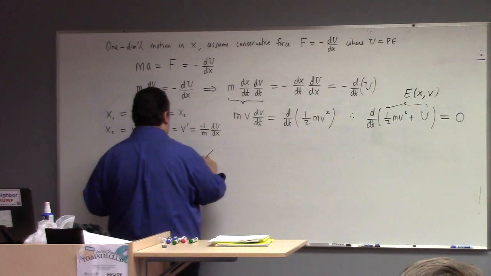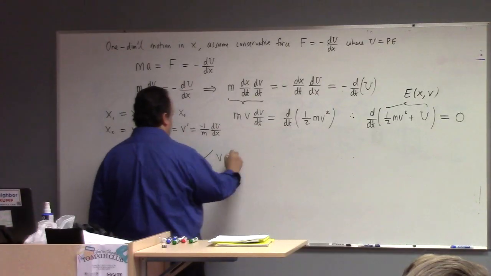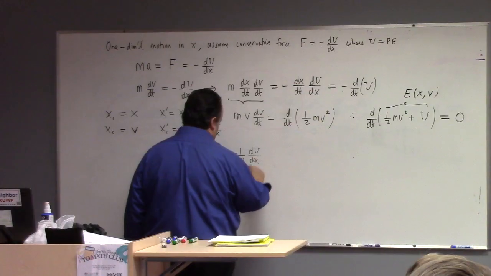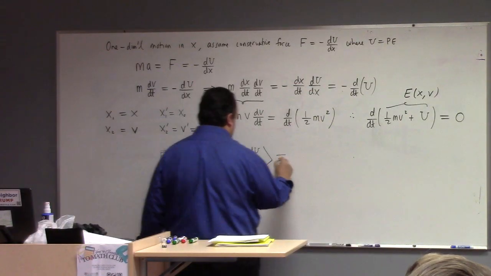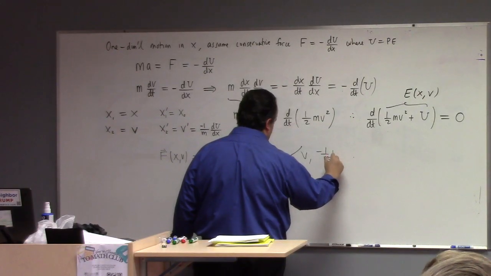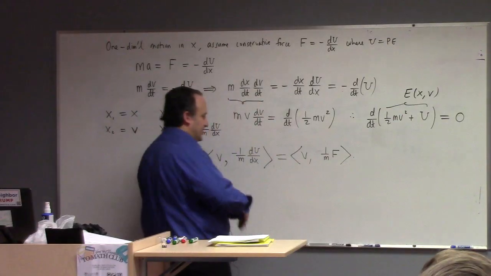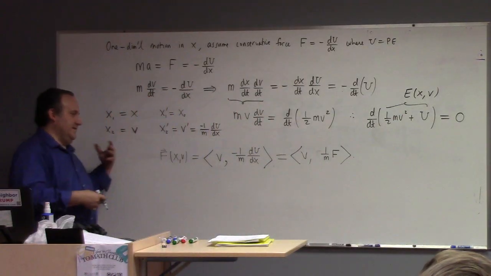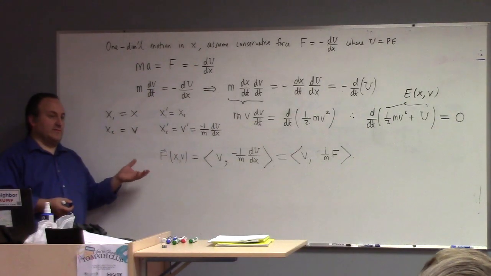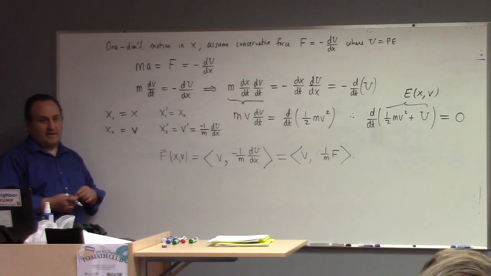And that vector field, we can picture it as v comma minus 1 over m du/dx, right? Which, of course, physically speaking, is v comma minus 1 over m times the force. Actually, skip the minus. It's just 1 over m times the force, right? So, in some sense, to understand this system is to find integral curves of this vector field in xv space.